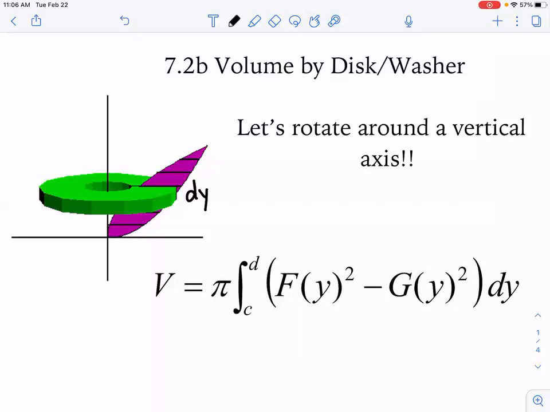So what I want you to notice is that these rectangles are perpendicular to the axis that we're rotating about. That's all we know, but on Monday, I'm going to teach you the shell method, and we'll talk about the difference between the disc washer and the shell method.